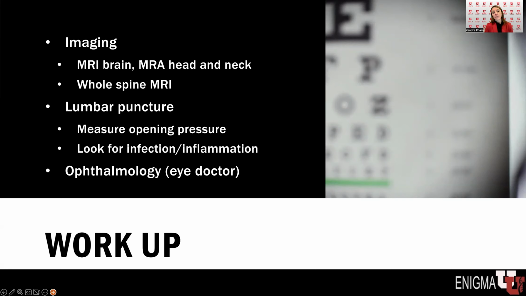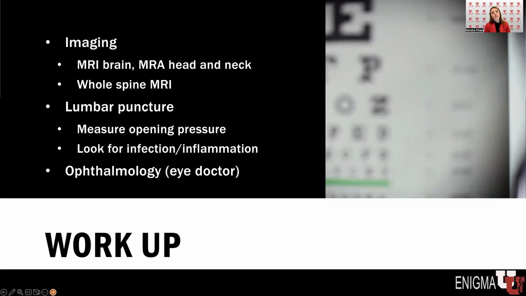And then if we're worried about there being too low of spinal fluid pressure, then we might get a whole spine MRI to see if there's a place where spinal fluid is leaking. If we're worried about either infection or pressure being too high, then often we will do a lumbar puncture, or you may also know this as a spinal tap.